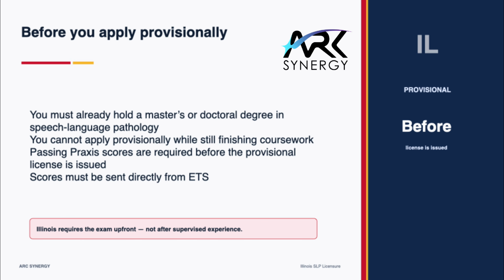As I've mentioned before, after you obtain your master's degree or your doctoral degree from a division-approved program, you will need to have passed the Praxis exam before the provisional license is issued. So Illinois requires the exam up front, while some other states let you take the exam while you're completing your CF.